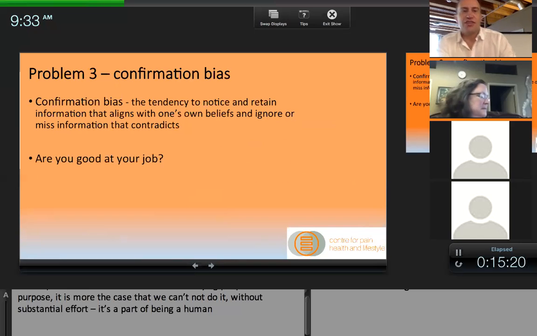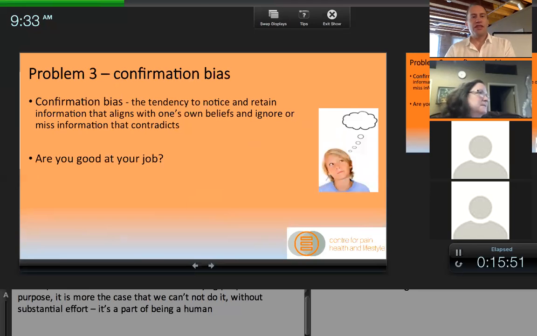I think a nice way to illustrate this is through this little thought experiment. I don't ask you to answer this out loud, but I want you to have a think: are you good at your job? Assuming your job is treating patients, do you think you're good at it?